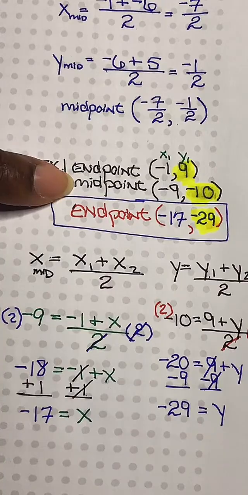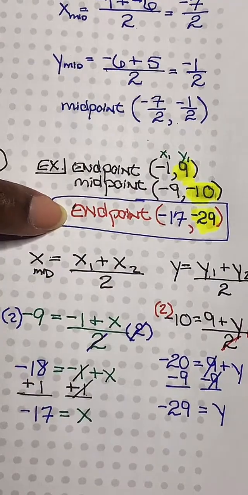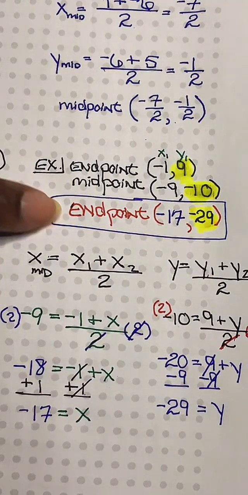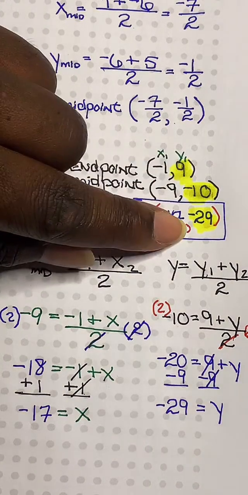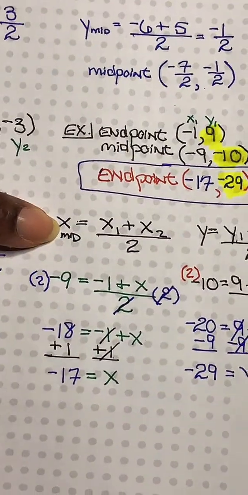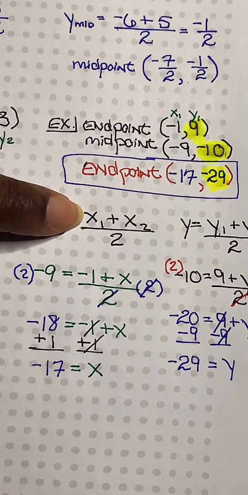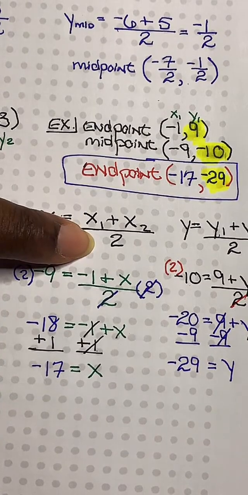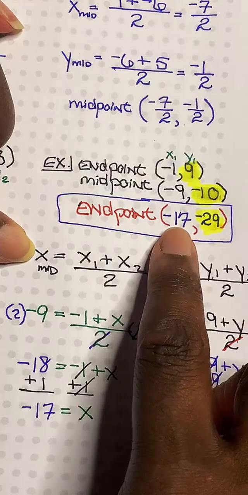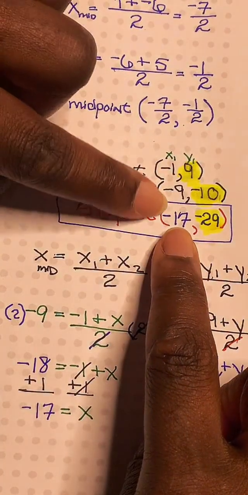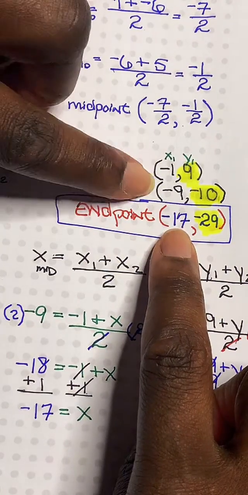So we're given an endpoint, we're given a midpoint, okay? So we're looking for the other endpoint. One way of doing it is to focus on the x's, then focus on the y's. If you recall, the formula is your midpoint is equal to the sum of your x values divided by 2. So if I want to find the other endpoint, I need to add my x's, well, not add these because that's the midpoint.